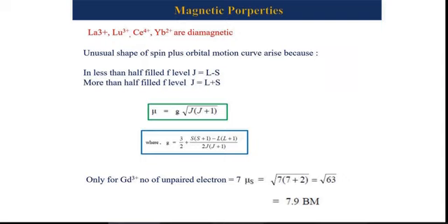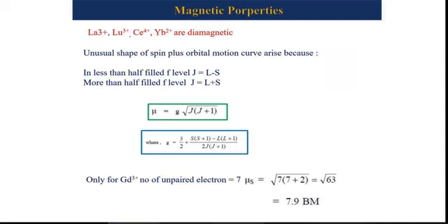Now, this is the formula we use for the calculation of the magnetic moment of lanthanoids. One I have shown in the previous slide, where mu is equal to root of 4S(S plus 1) plus L(L plus 1).